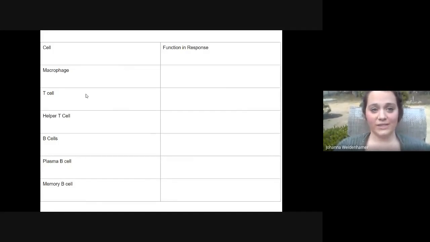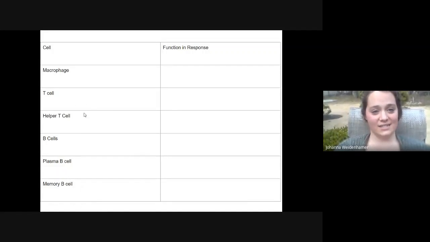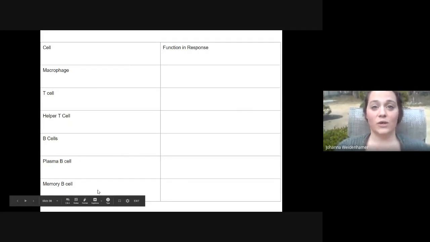T cells are going to activate helper T cells that are going to activate B cells to start producing plasma and memory cells. And remember, our T cells were the ones that recognize the antigen. Our B cells now are going to make the antibodies, the plasma B cells, and it's going to remember those antibodies just in case the pathogen comes into your body again at a later time.